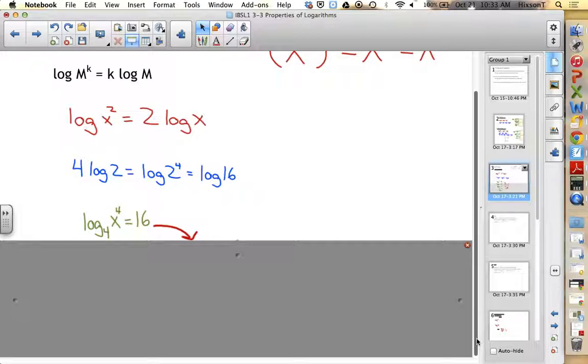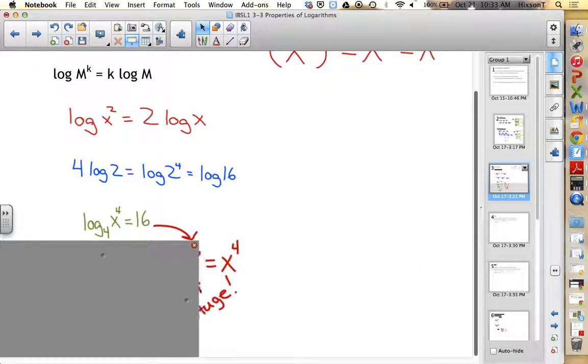If I rewrote this as an exponential, instead of using my power rule, I would have x to the 4th equals 4 to the 16th power. That gets really huge. If you punch that in, chances are your calculator is going to give you something in scientific notation, so it is not going to give you an exact answer.